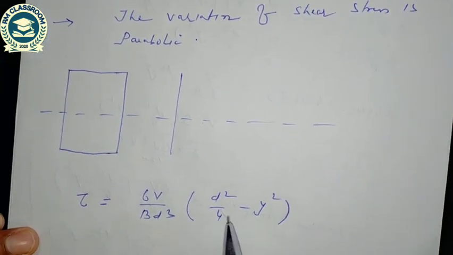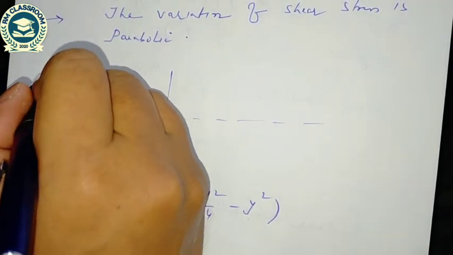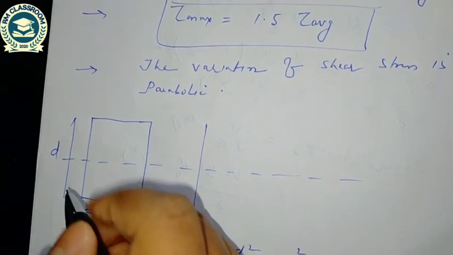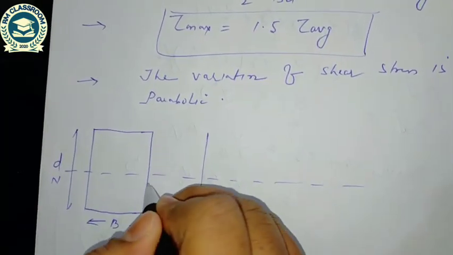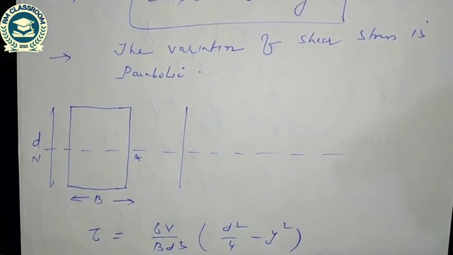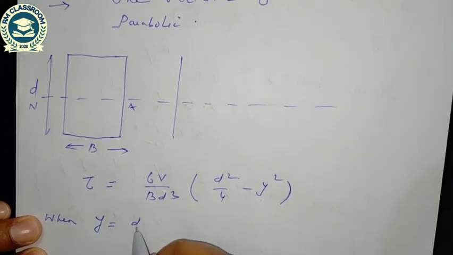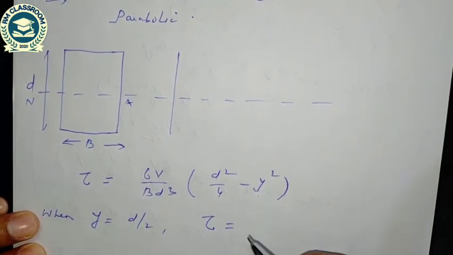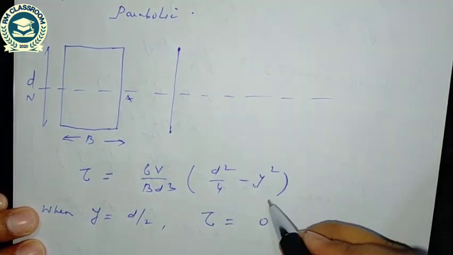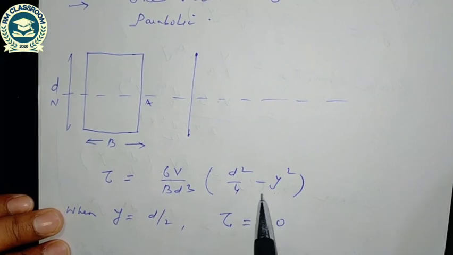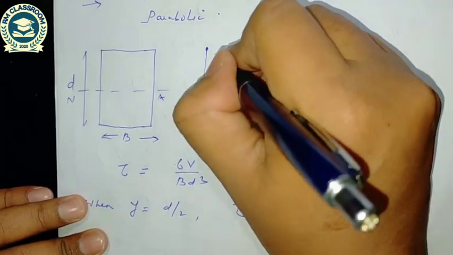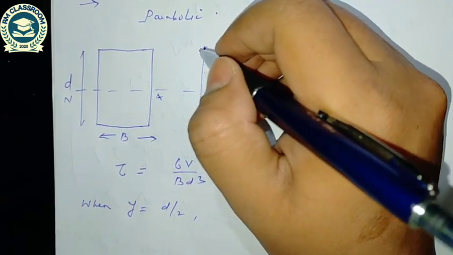So when y is equal to d by 2, this is d and this is width B. So this is the neutral axis. When y is equal to d by 2 or minus d by 2, shear stress is 0. When y is equal to 0, maximum shear stress occurs. So the variation of shear stress we can draw like that.